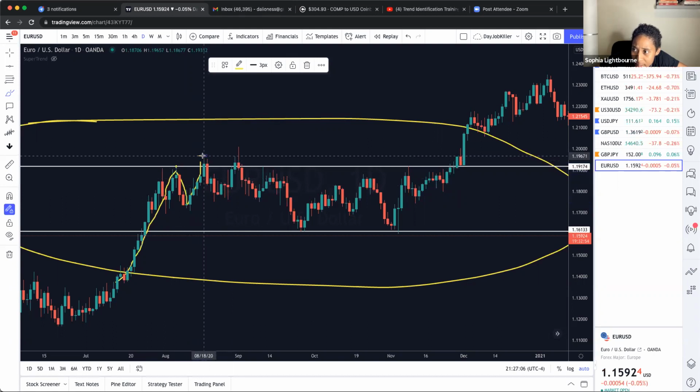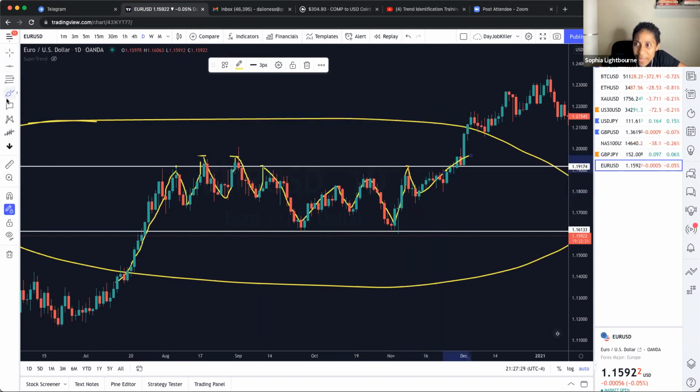Then it pushed down. The highest point in this part is right here. Then it pushed down. The highest point is right here again. Now this did wick up, but we're going to stay right here. Push down. Here, push down. When it came up again, it's the same line. And then it broke, right?